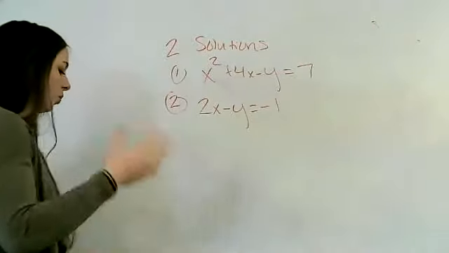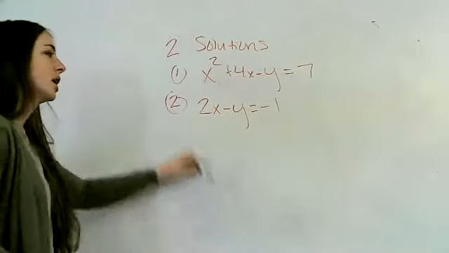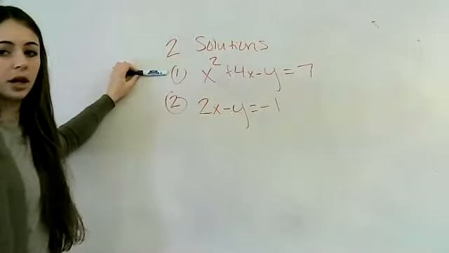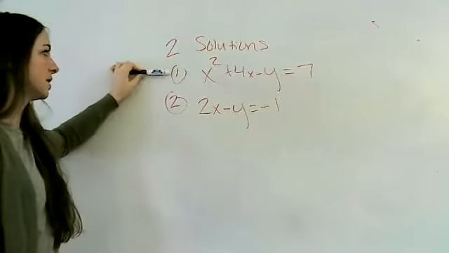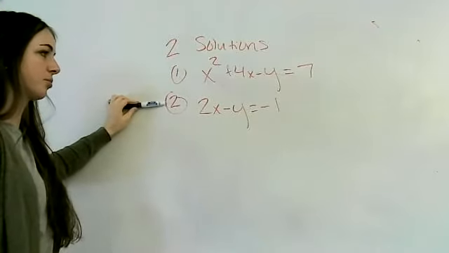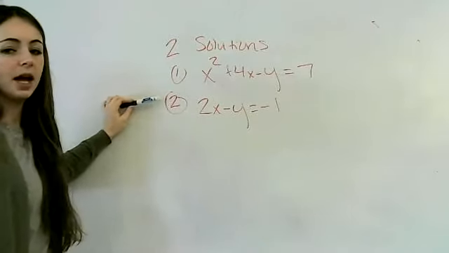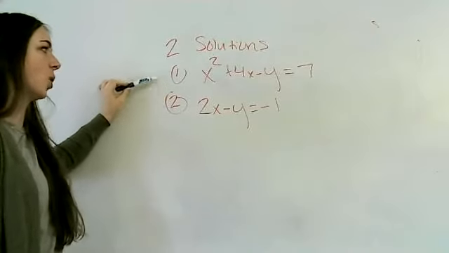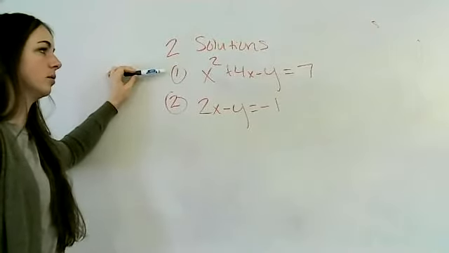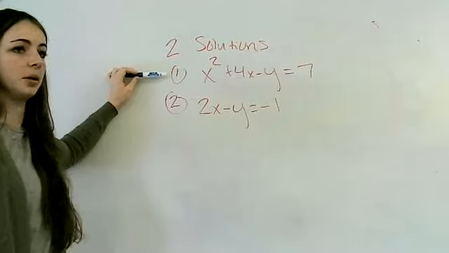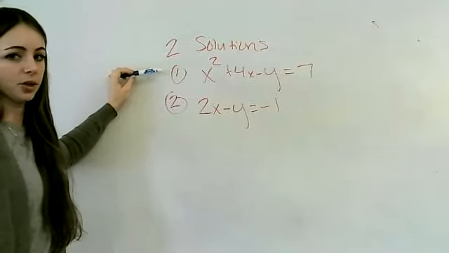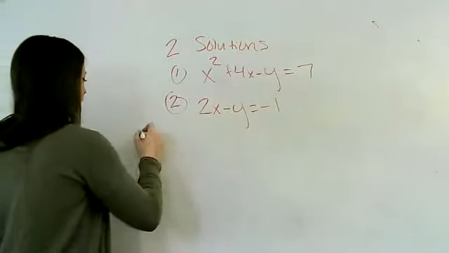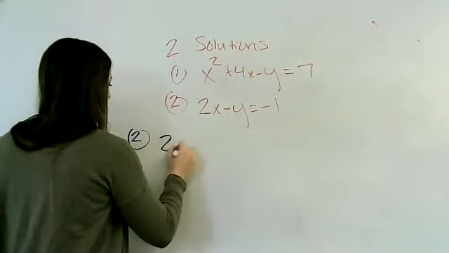So as always, which one do we want to deal with first? If you have a quadratic and you have a linear, skip the quadratic, go straight to the linear. It doesn't really matter how gross the linear is. Solving and isolating this one's always going to be nicer and much more easily manageable than dealing with this quadratic. So I'm definitely going to work with equation 2.